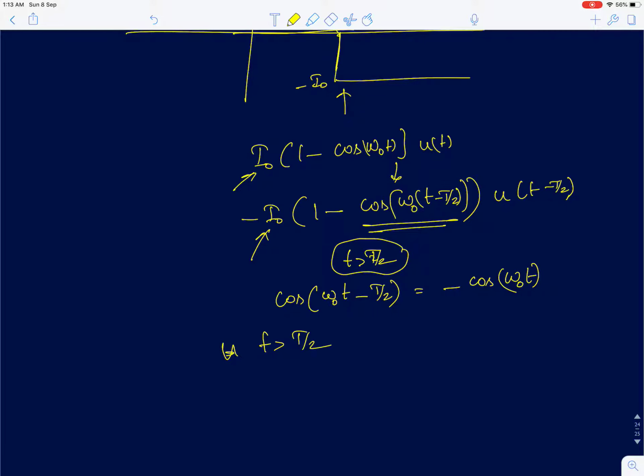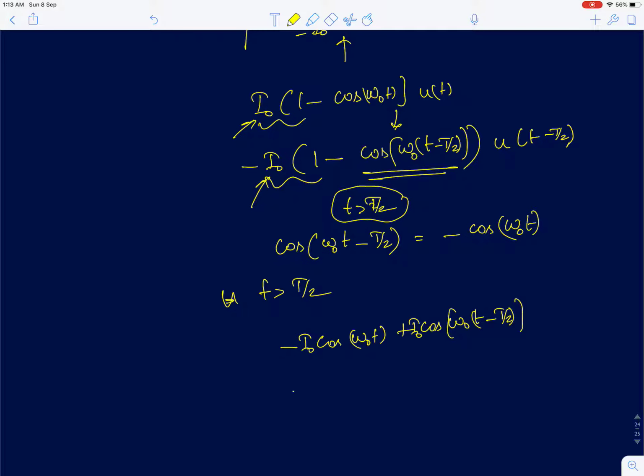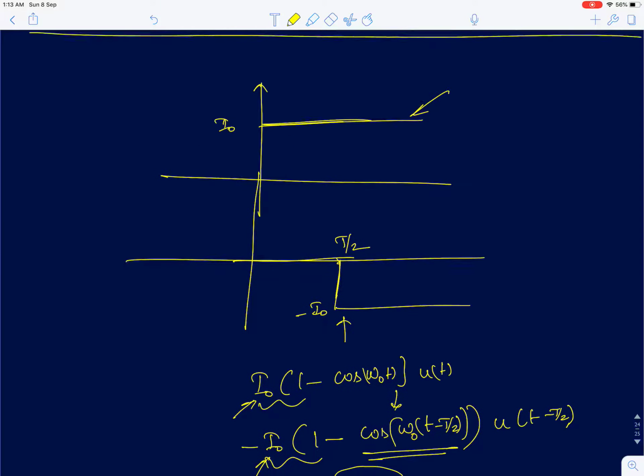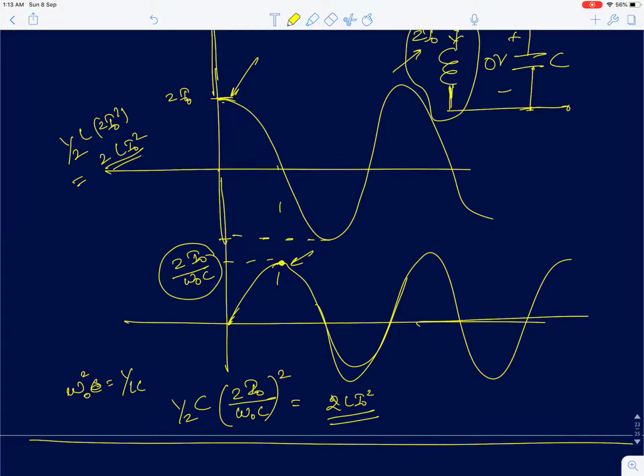For t greater than T by 2, the first term will anyway remain the same. The second term, on the other hand, you are going to get minus I naught into cos omega naught t, plus I naught into cos omega naught (t minus T by 2). This will simply be minus cos omega naught t, so you will actually get minus 2 I naught cos omega naught t. So you can see here the current actually doubles, which is what we actually predicted. We predicted the waveform to have twice the current value after that.